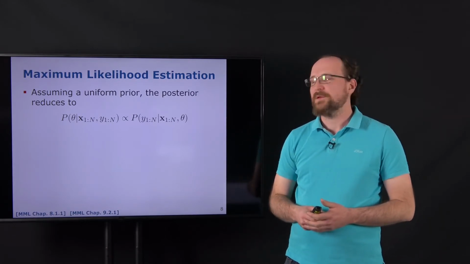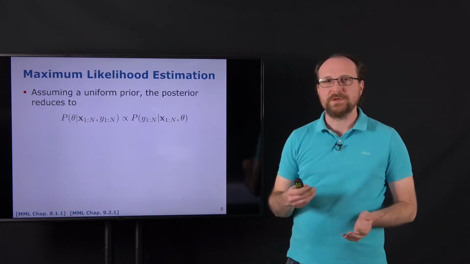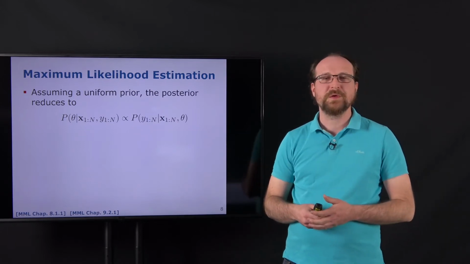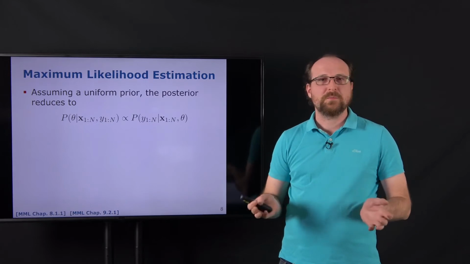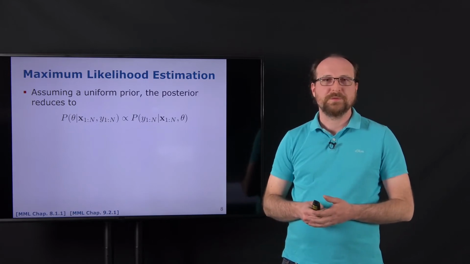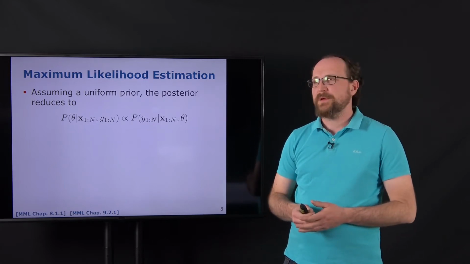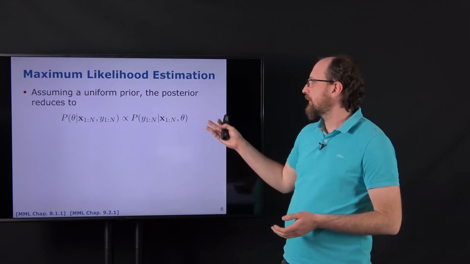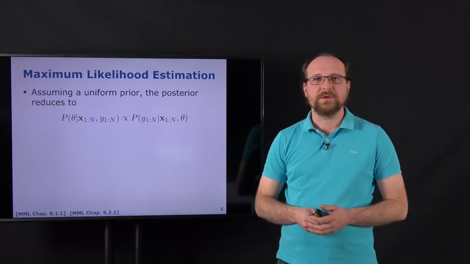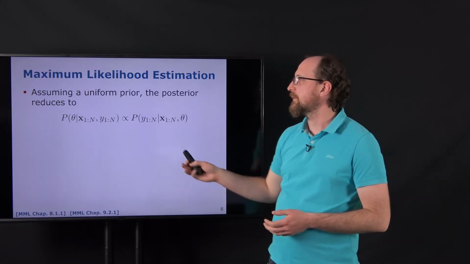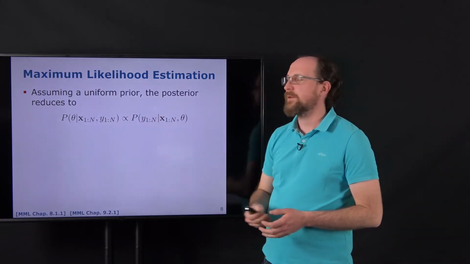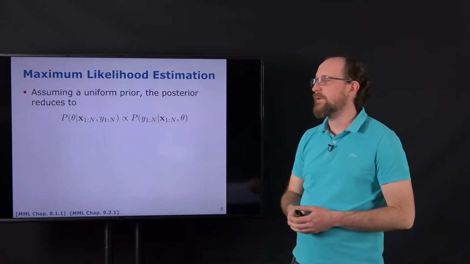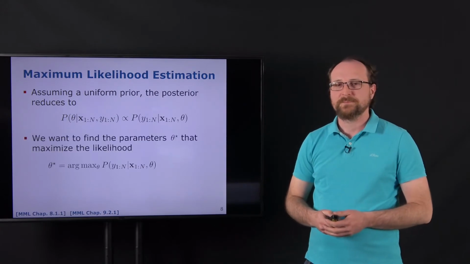And here we make the assumption that we have a uniform prior, so that means we treat all parameter values the same, and this leads to the fact that we can drop the prior here. So the posterior is just proportional to the likelihood in the end.